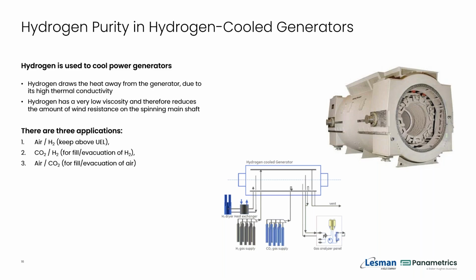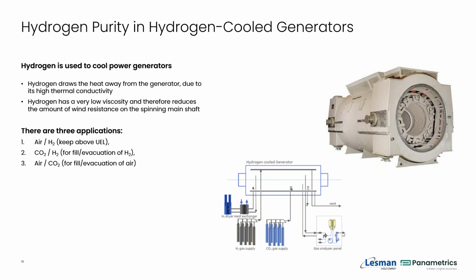The nice thing about these is that you want to make sure you're not getting air, or more to the point, oxygen that comes in through air, to cause an explosive limit. So there are really 3 applications here: air and hydrogen. You want to know that the air is not getting in there to cause an explosion.